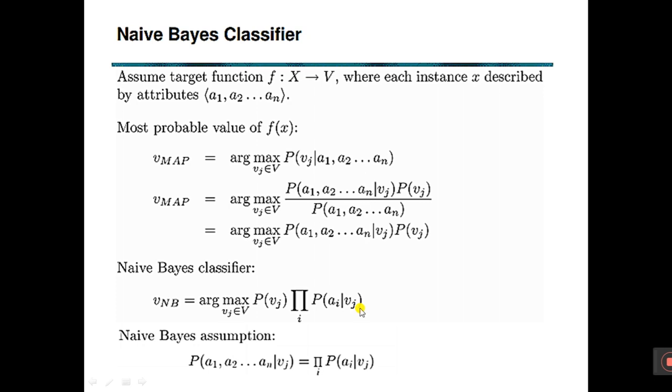I am taking the example x1, x2 up to xn, and the output is y. In your textbook, they take a1, a2, an as the data set, and v as the output function.